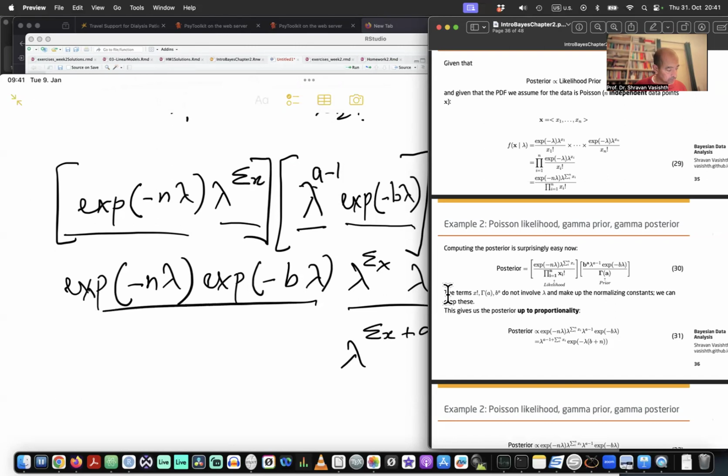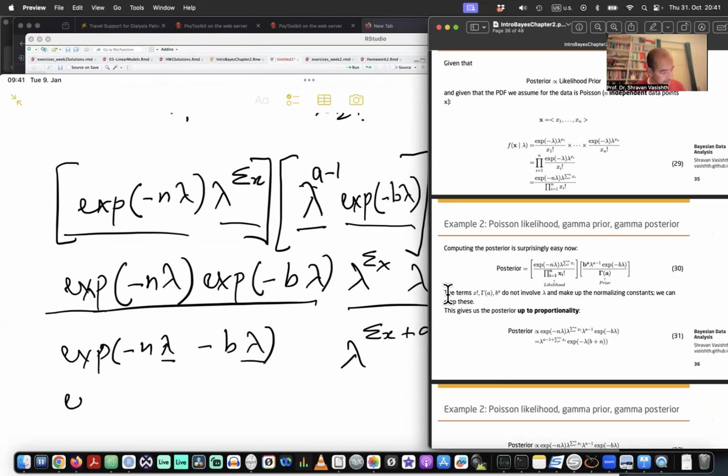And this one, how do I simplify this one? It requires a little bit more work because I've got minus n lambda minus b lambda. So I'm adding up the exponents like before. If I wanted to, I could simplify this a little bit because I see that lambda is a common term here.